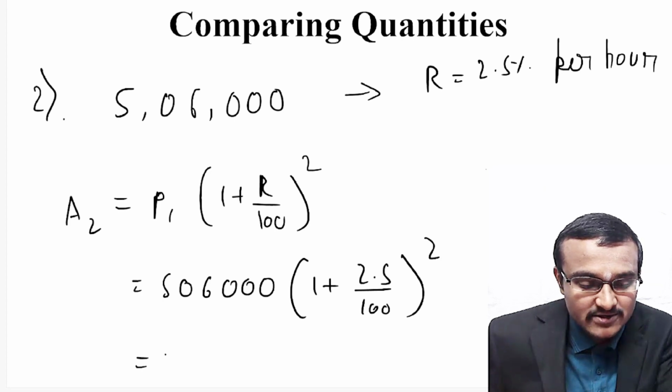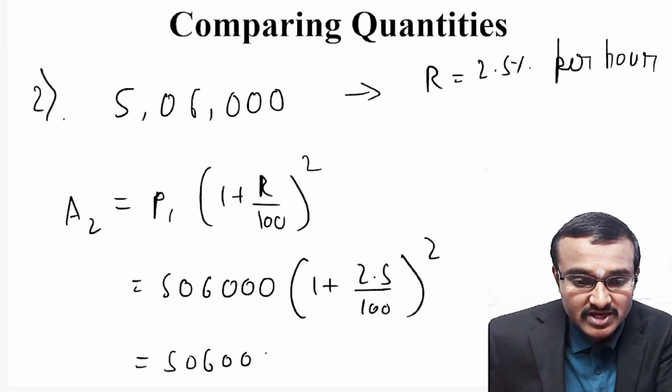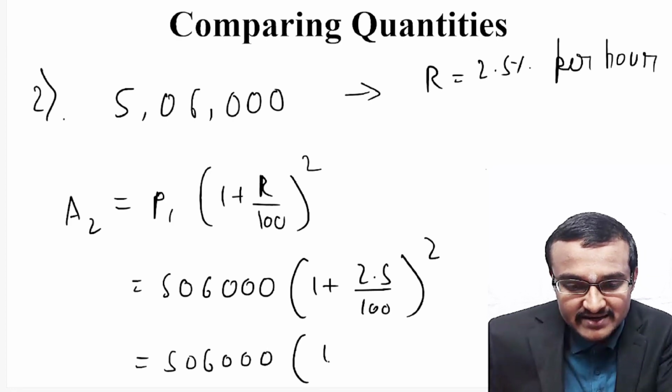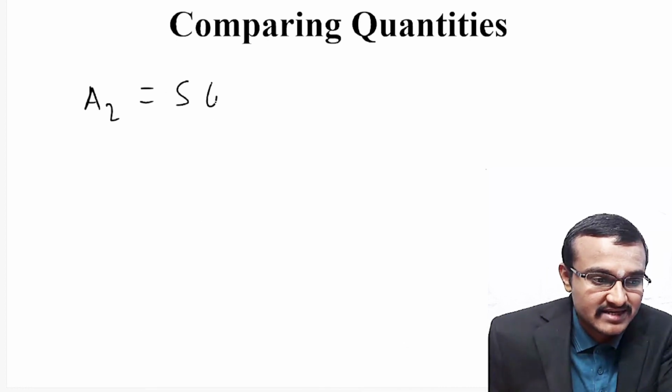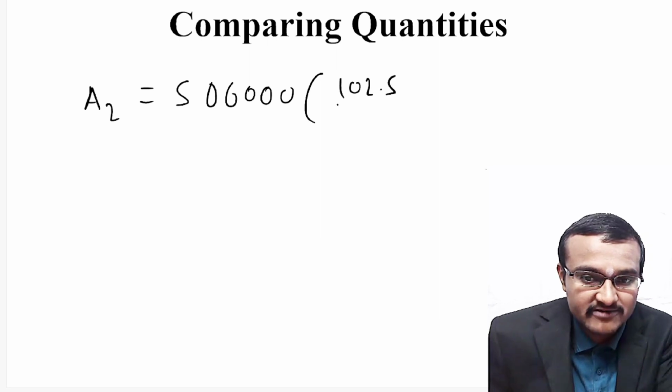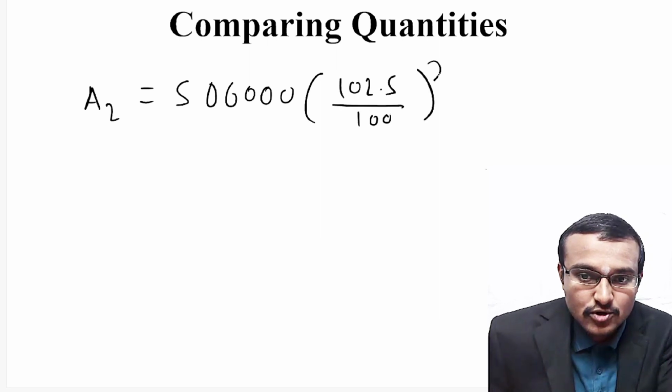So when you calculate 2.5 by 100 plus 1, you will get 102.5 divided by 100, whole square. So here we are getting 5,06,000 into (102.5 divided by 100) whole square.